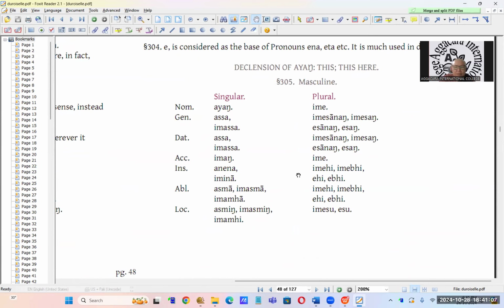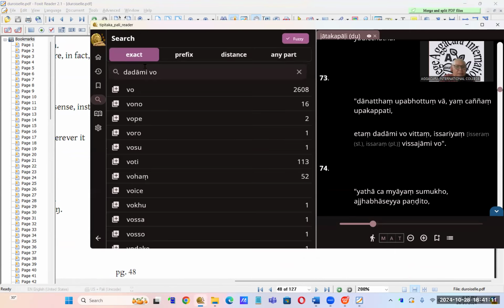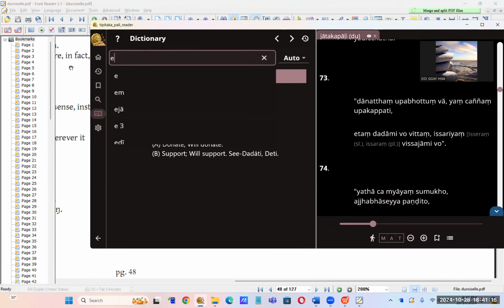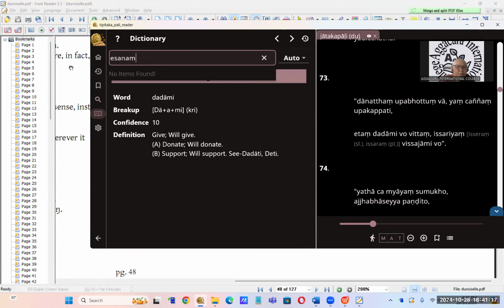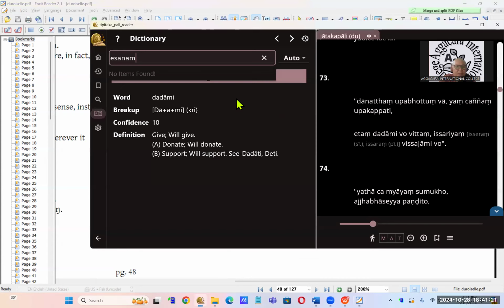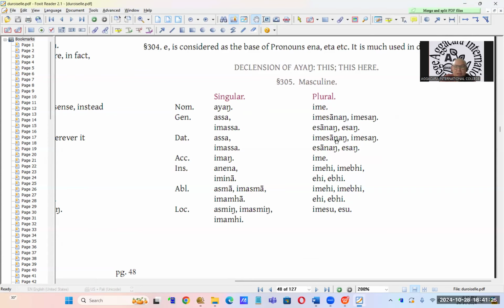So let me see the Duracell again. Esa, esanam. Maybe we type the word esanam. Page 48. Esanam, esam. It doesn't seem to exist, all this esa.